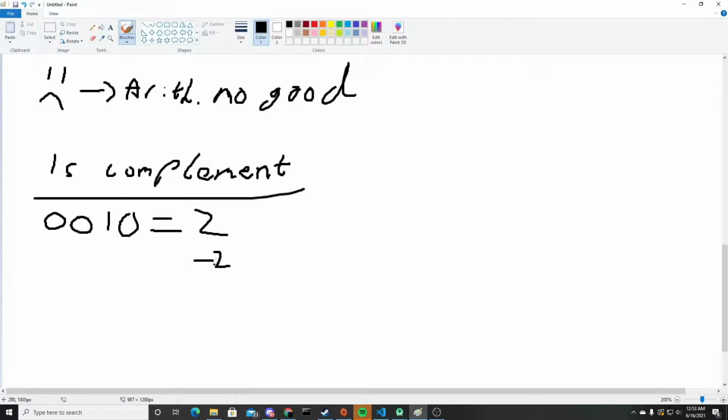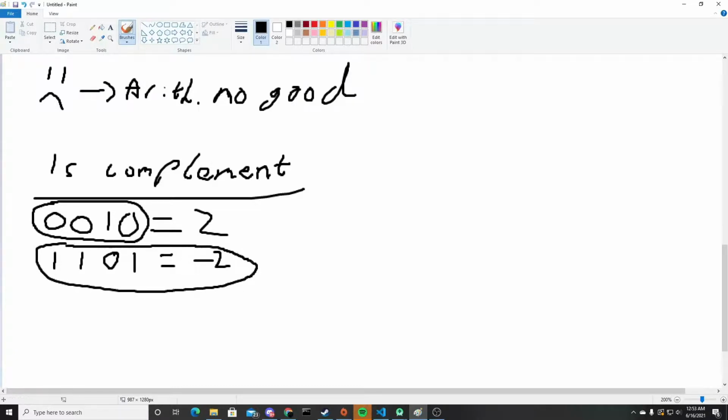So we take the binary representation of positive 2 and flip all the bits. So this is now 1, 1, 0, 1, because a 0 turned to 1, 0 turned to 1, 1 turned to 0, and 0 flipped to a 1. And now this equals -2 in one's complement.